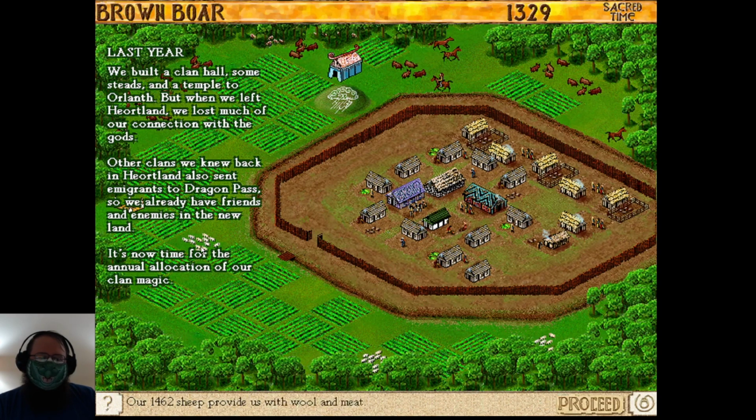You can hover over our 800 cattle, our wealth, milk, and meat for our clan. Here's the temple to Orlanth, which provides lightning and rain. We have 105 hides of barley, wheat, and rye, and anticipate harvesting food for 753 people.